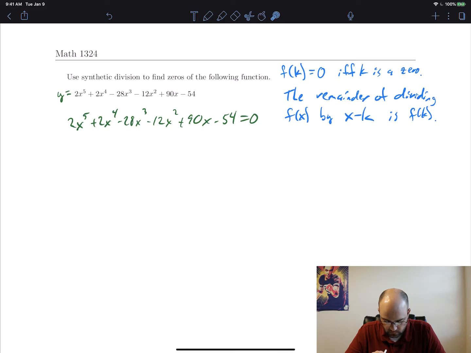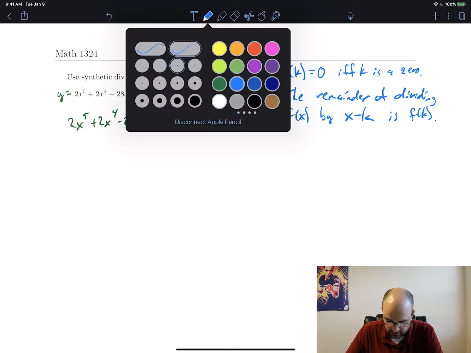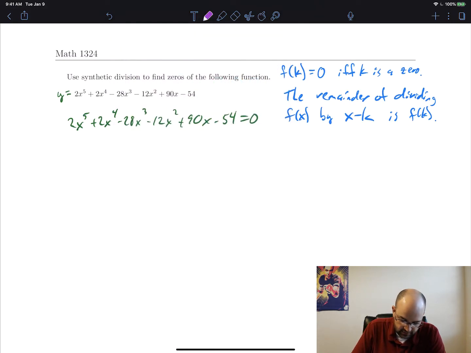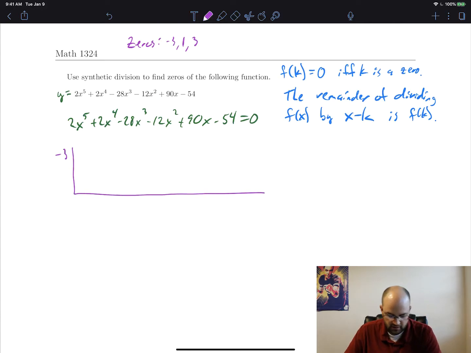So what I'm going to do is I'm going to use synthetic division here. And to do so, here's what we're going to do. I looked at the calculator and the zeros are the following: -3, 1, and 3. So I'm actually going to prove those. I'm going to start out with that -3, and I'm going to use what is going to look to you probably a lot like an upside down division symbol.